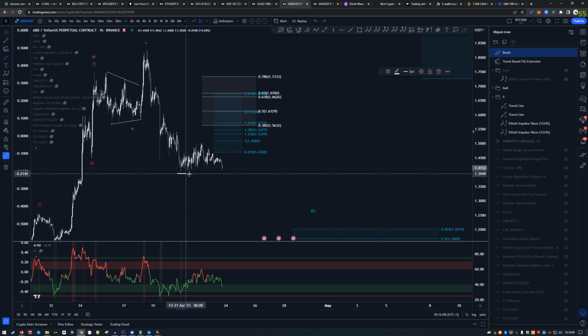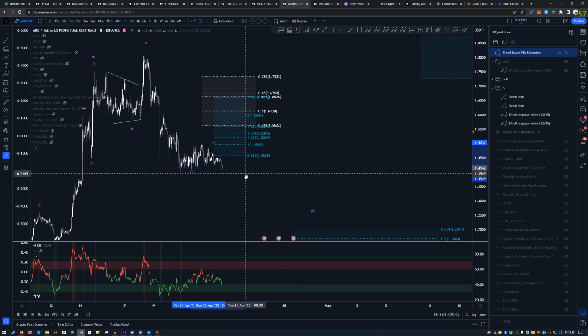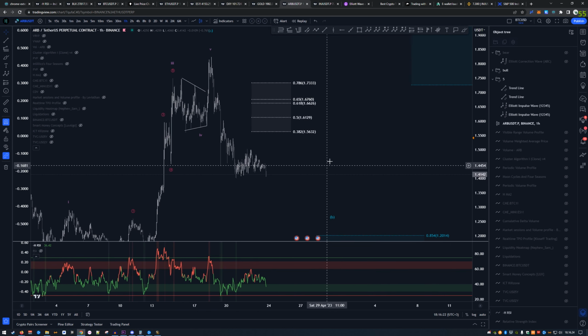But if we are taking out these lows, it is getting less probable, because again, we generally don't extend beyond the 1.618 here for that C wave. It's not too uncommon, but again, it's less probable. So think of the probabilities when you're trying to play this.